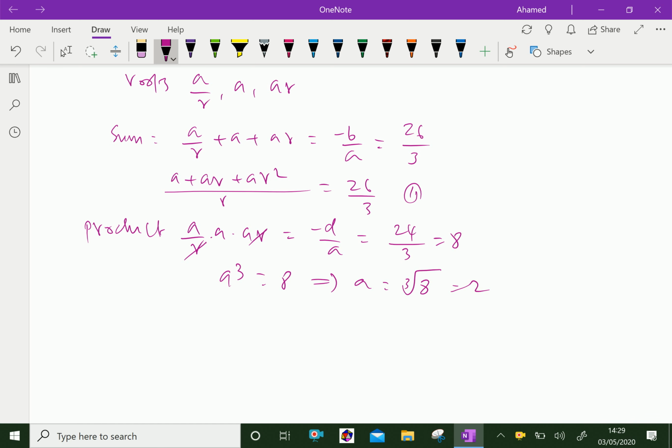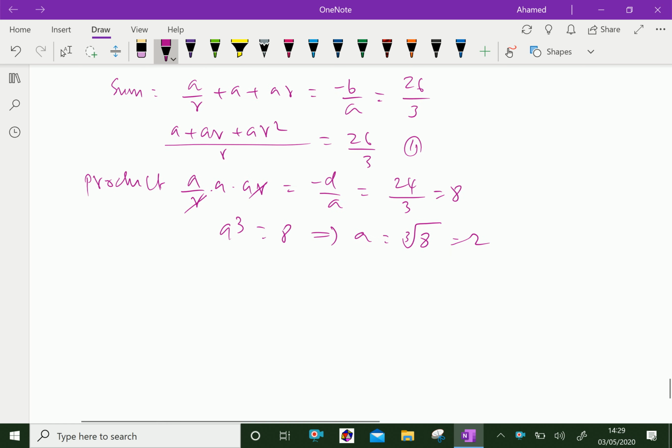We got a equal to 2. Then substitute in 1.